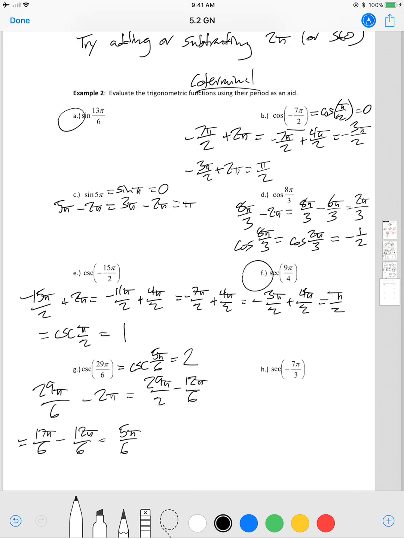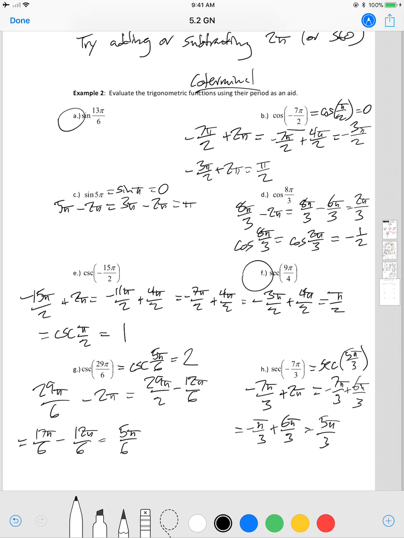So let's take a look at this last problem, negative 7 pi over 3. I'm going to add 2 pi, and in this case, when I get a common denominator, 2 pi is 6 pi over 3, which gives me negative pi over 3. I'm going to add 2 pi again because I like dealing with positive angles. So the secant of negative 7 pi over 3 is the same as the secant of 5 pi over 3.